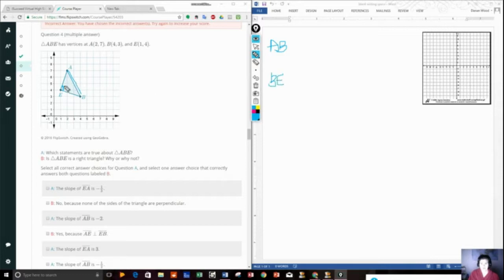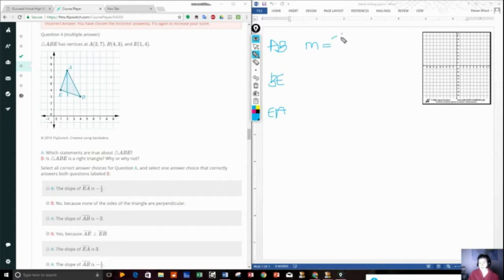And to finish it off, we need EA. Alright, so AB slope, we're going to count. Slope is the rise over the run, and I know the rise is the vertical distance. So from A to B, it's 1, 2, 3, 4.